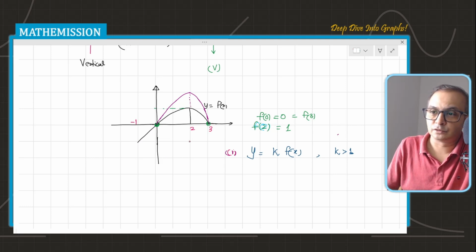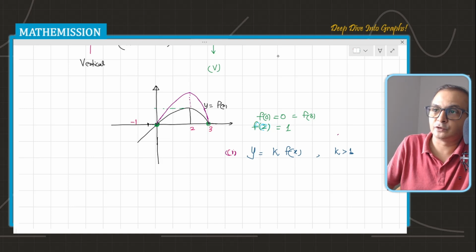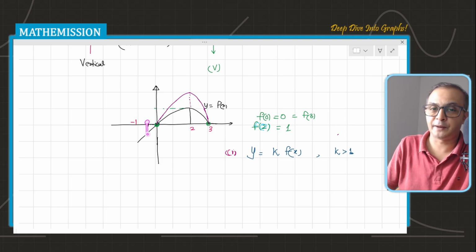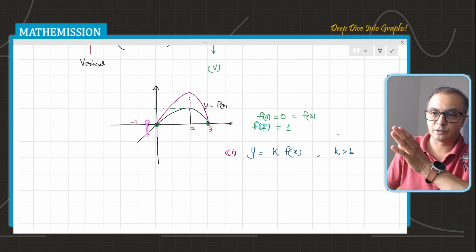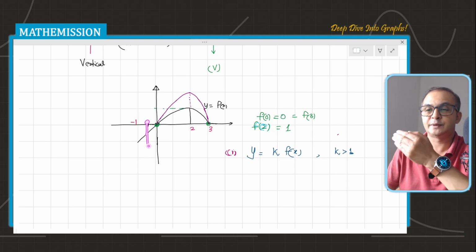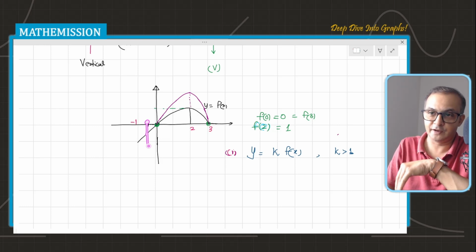What will happen on this side? If you take any value here, the previous value is here, but now since we have multiplied by k and the k value is a bit more than 1, the graph will drop down, because it should exhibit the higher negative value.